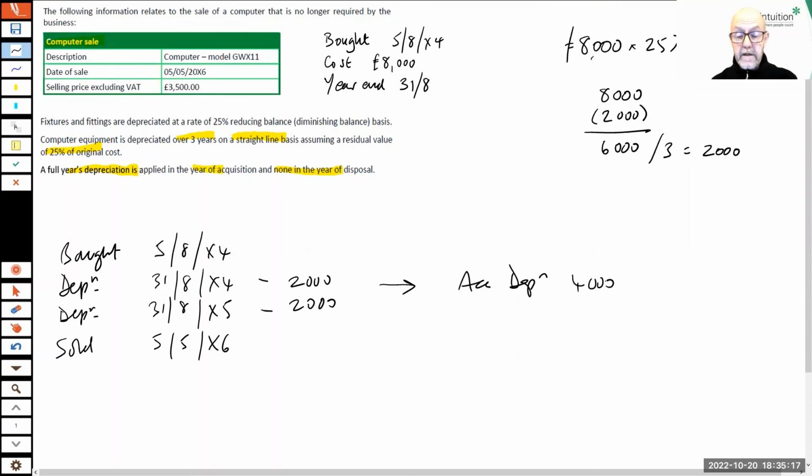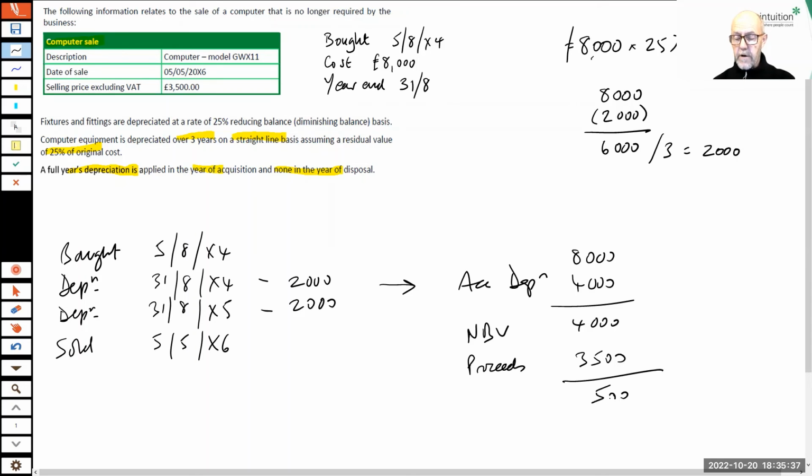We bought it for 8,000. So its net book value at the time we've disposed of it is 4,000. We've sold it for 3,500. So we should end up with a loss of 500.